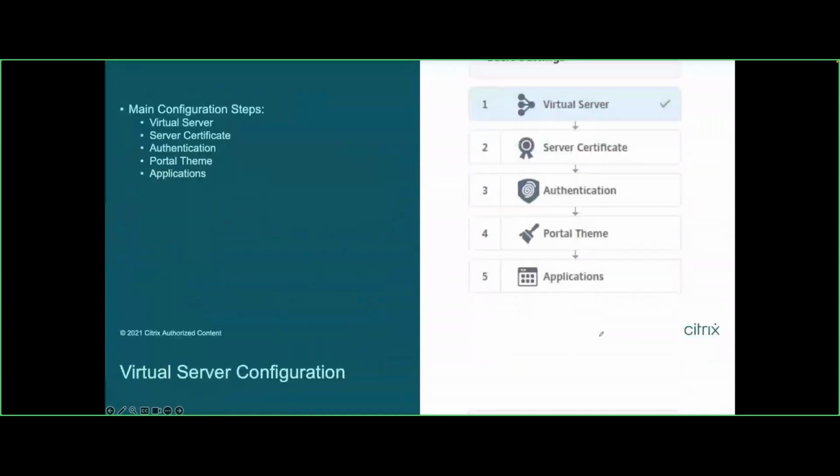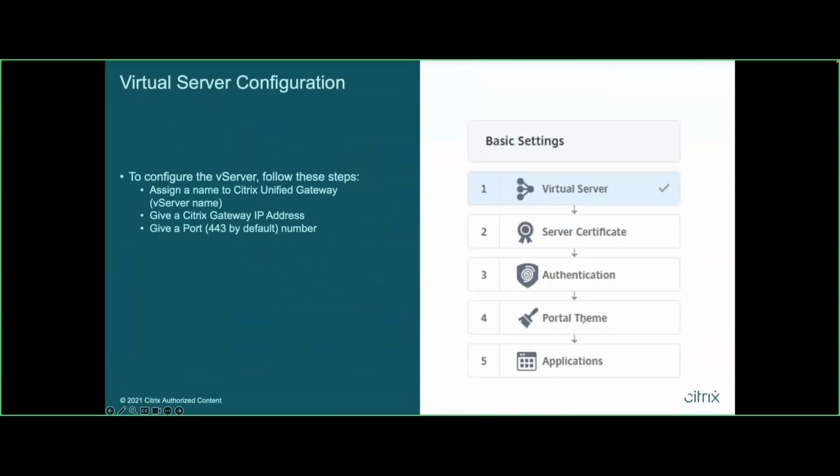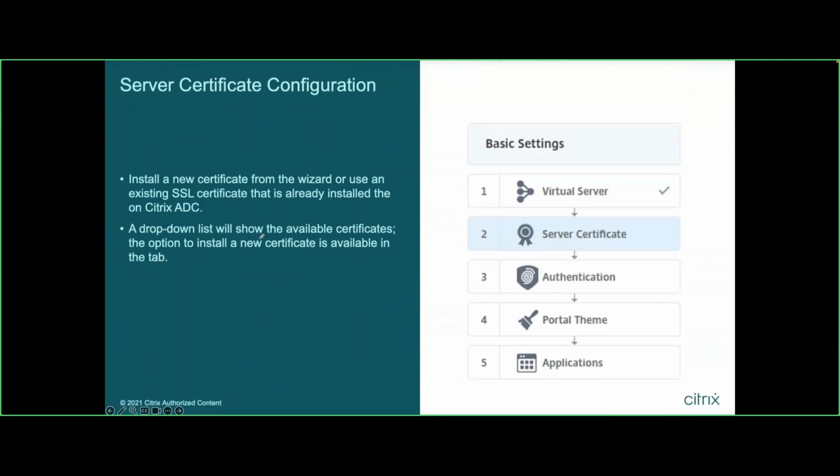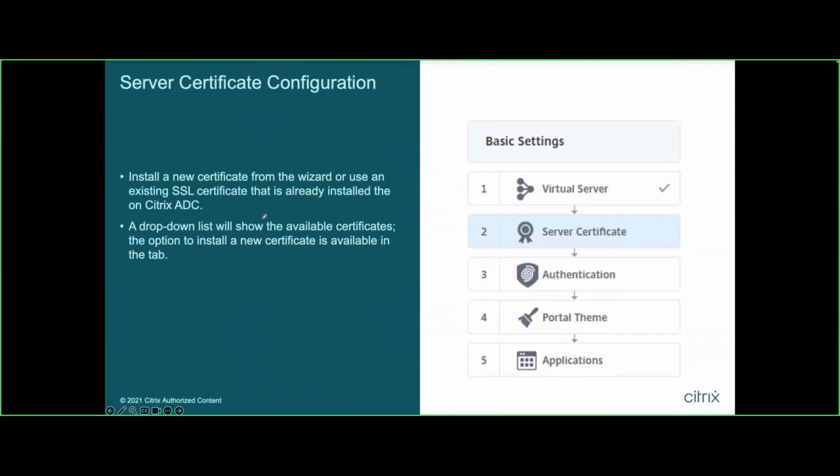Then for the virtual server, you give a name, assign the IP address for the gateway, and the port number. Then you install the server certificate. You have already installed it using the workspace lab colors, and I'm going to use the same certificate. But if you're using individual certificates, then you upload all the certificates like you did in your SSL lab.